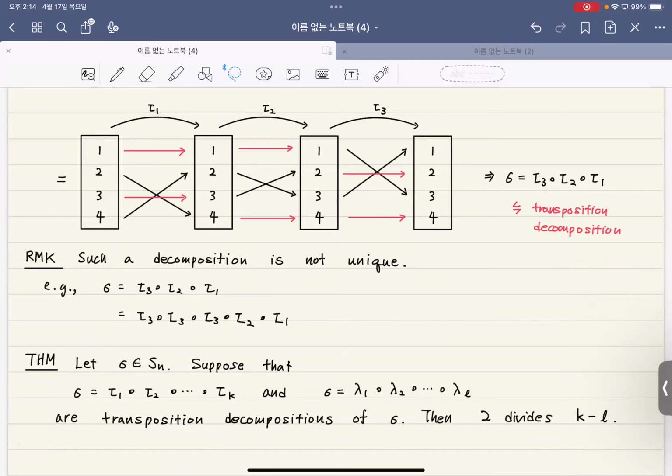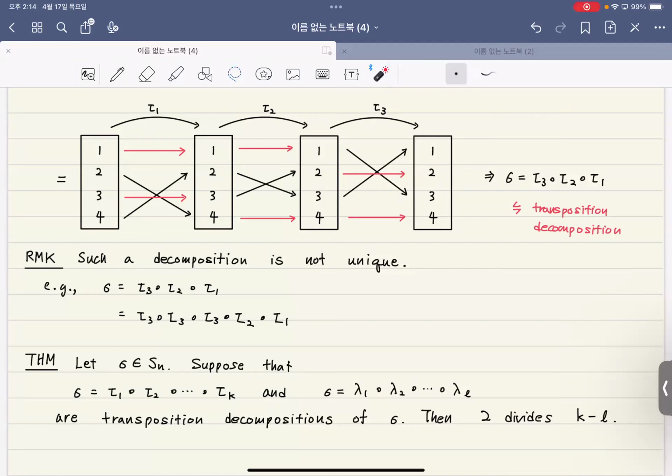This is a theorem, and the theorem says: for any given n permutation sigma, suppose that I was able to obtain two different transposition decompositions of the same n permutation sigma. Let us assume this. I claim that 2 divides k minus L. Oh, hold on, what is k and what is L?